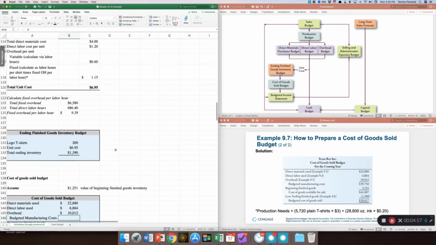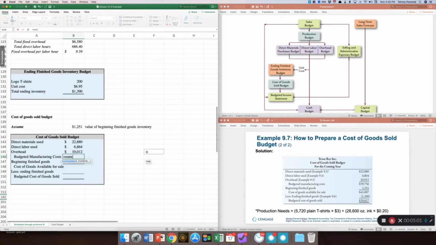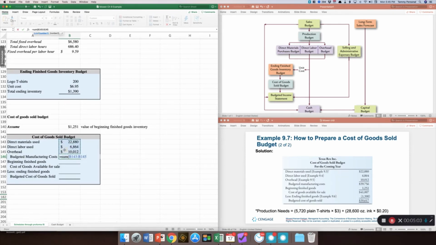So there's all that. So then we sum those up, and that gives us $39,756. Now, this is what our total cost of goods manufactured, our manufacturing costs, are, right?